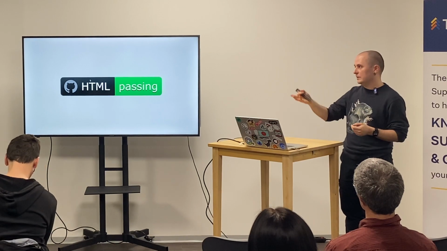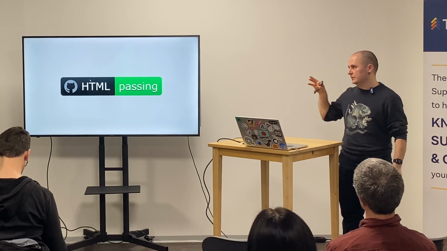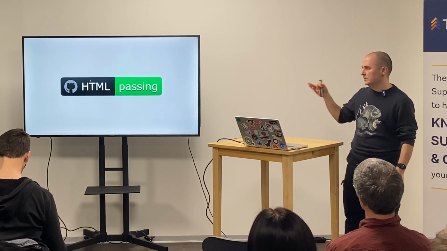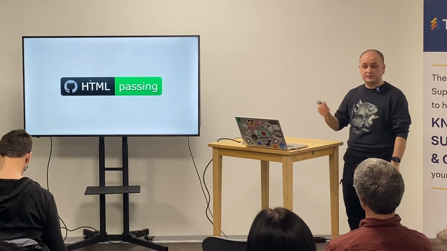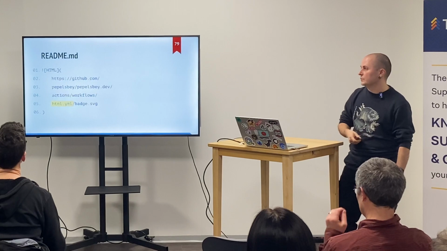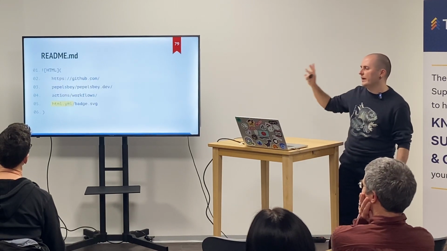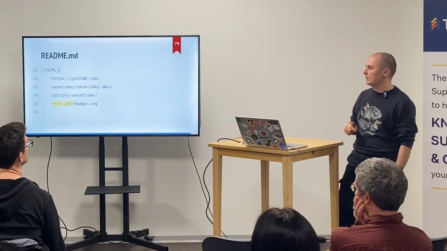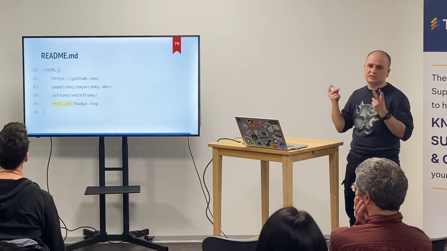So every time I commit something to my repository, there is a GitHub action running, and if it's all right, I have this kind of badge. I'm proud of it. So you can insert something like this in your Markdown as well. There's a path to your HTML YML workflow and some other extra information that's going to give you this SVG file, basically.